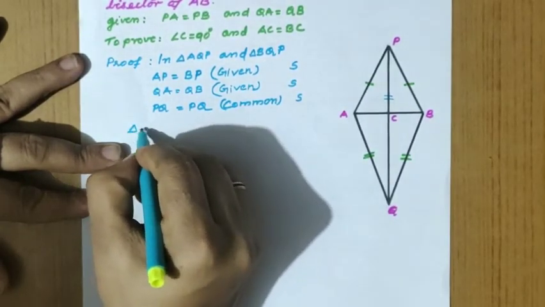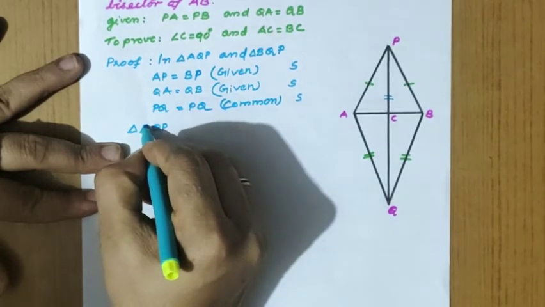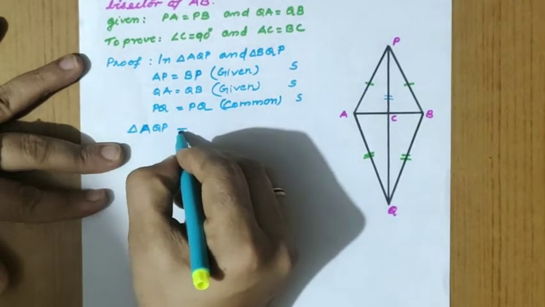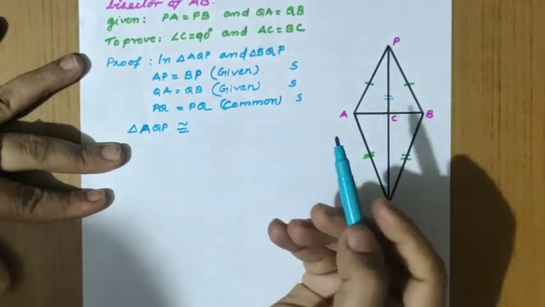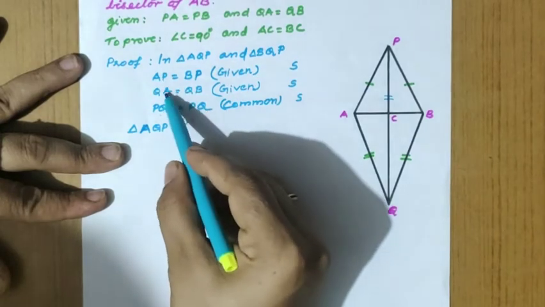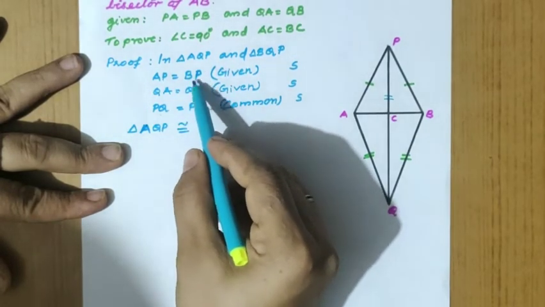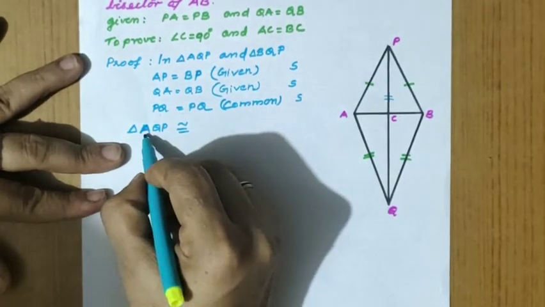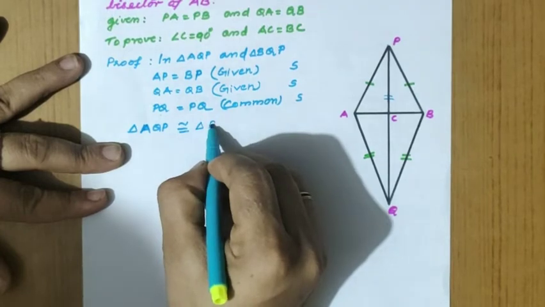So triangle AQP is the order I have taken. Triangle AQP is congruent to. Now let us see. PQ is PQ only here. Here which letter is common? A. The first and the second A is common. So similarly here which letter is common? B. So A has correspondence with B only.